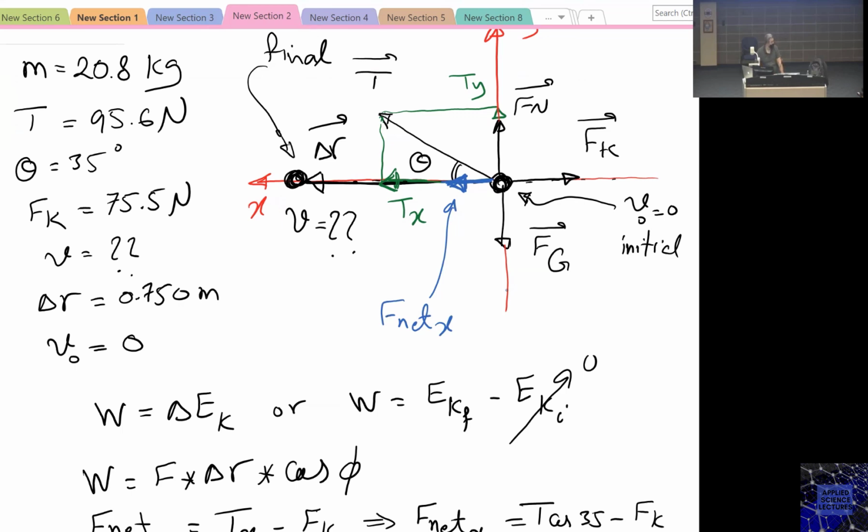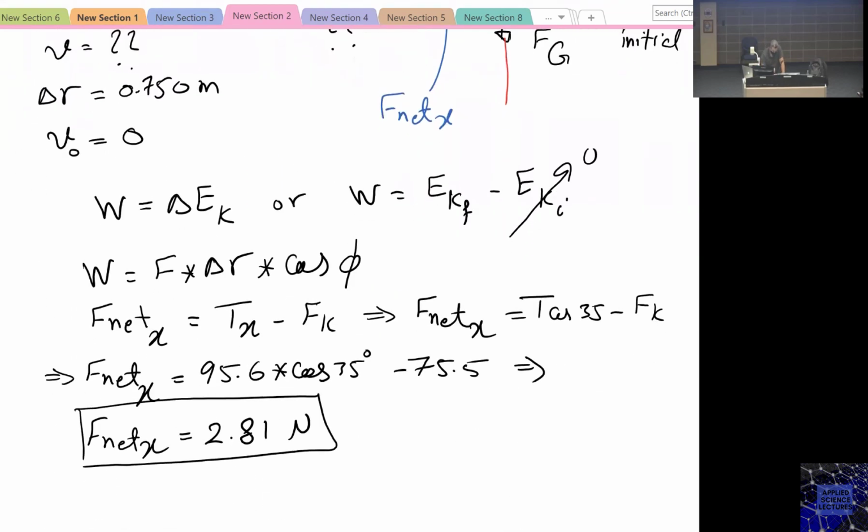This is F net x. So I found the force that is responsible for the work. Now I go here.